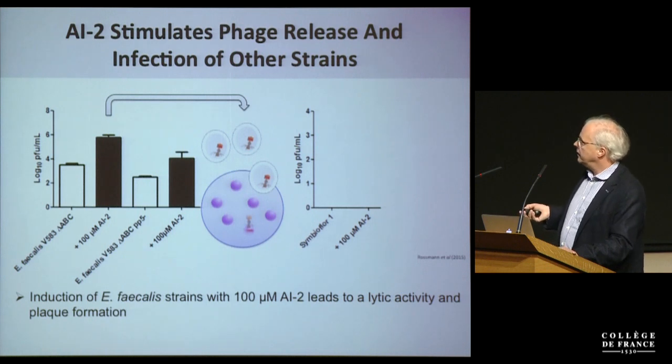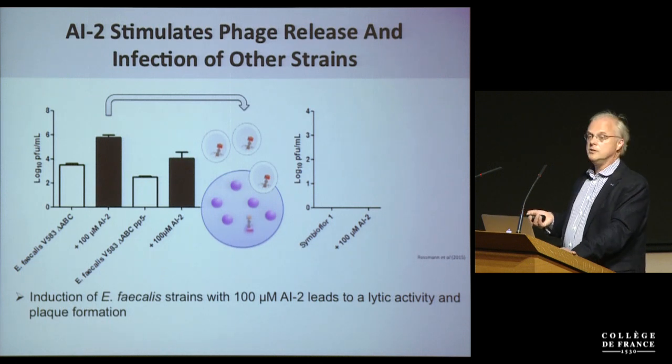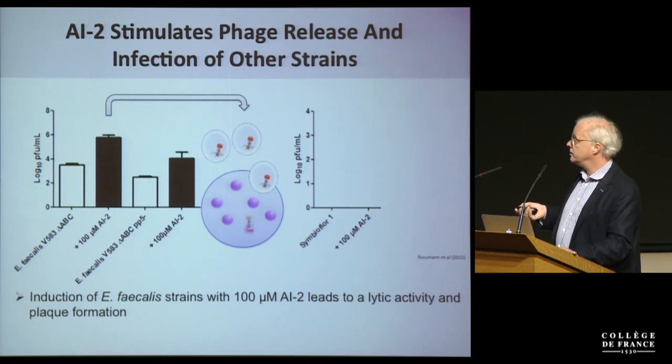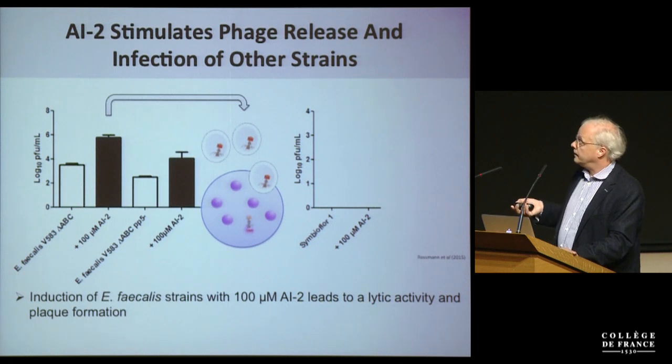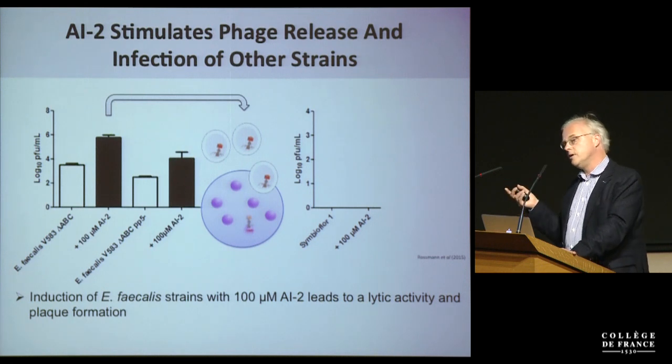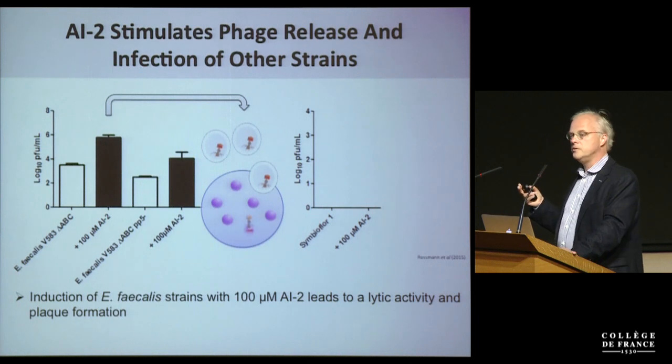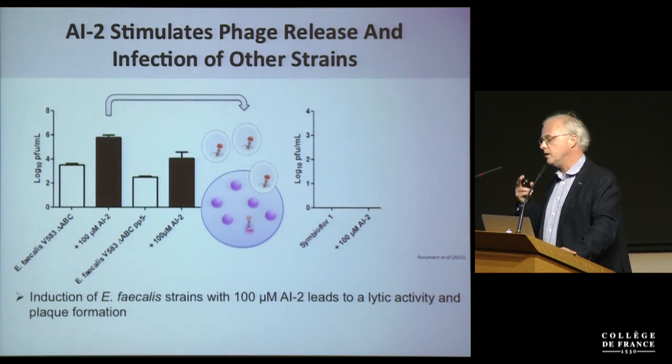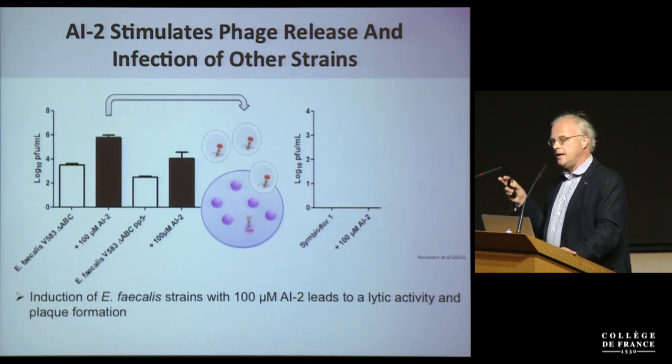So what we're doing here is we look at plaque formation. We grow the bacteria in culture, we induce them with 100 micromolar autoinducer 2, and then the bacteria that contain phages produce plaques. And this is what you see here.